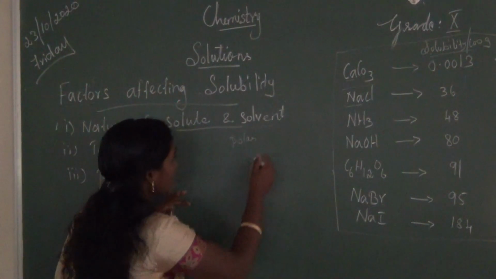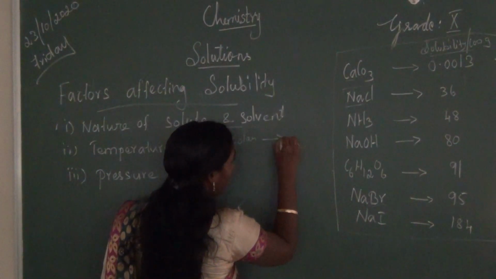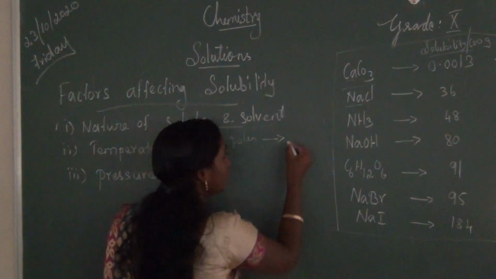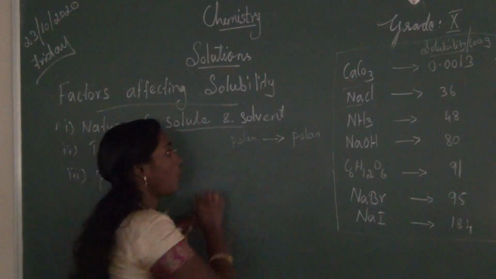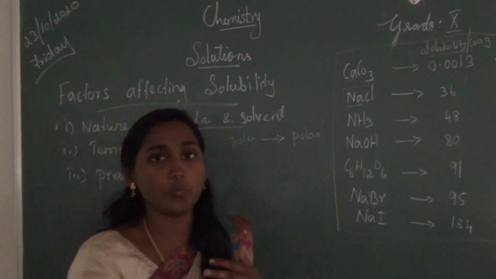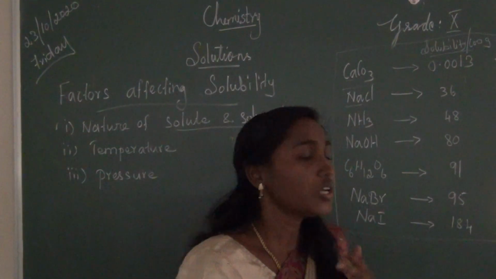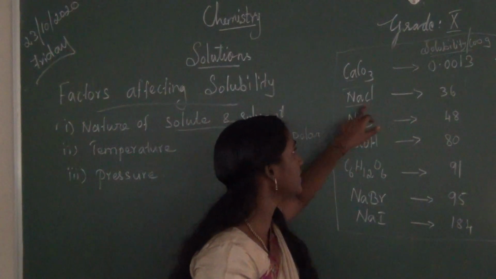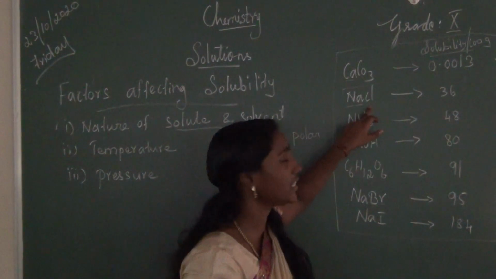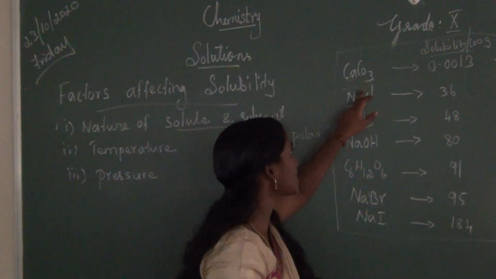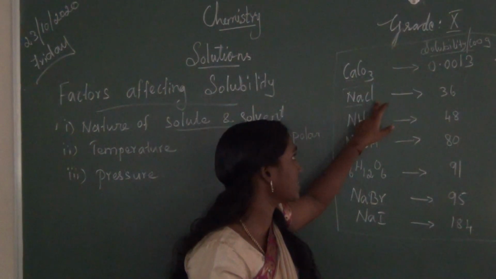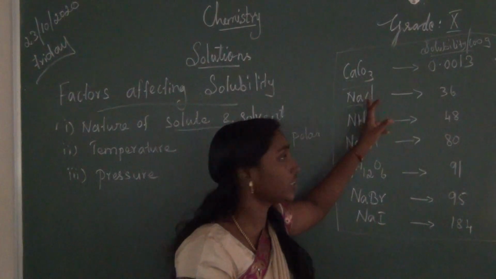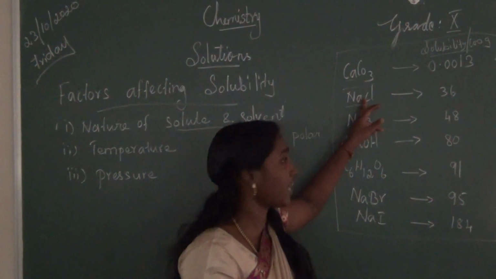Listen, polar compounds can dissolve only in polar solvent. Polar compound examples are ionic compounds. If you take sodium chloride, it splits into Na plus and Cl minus. Ions form when it is split, so it contains ionic character.